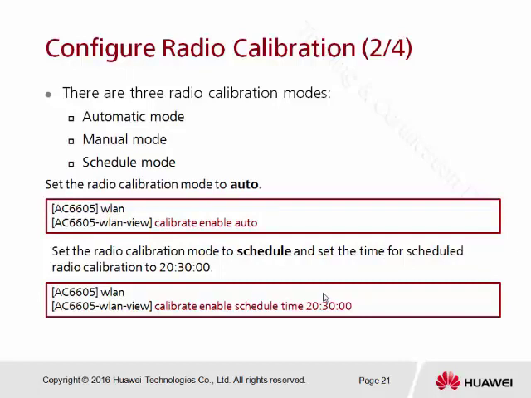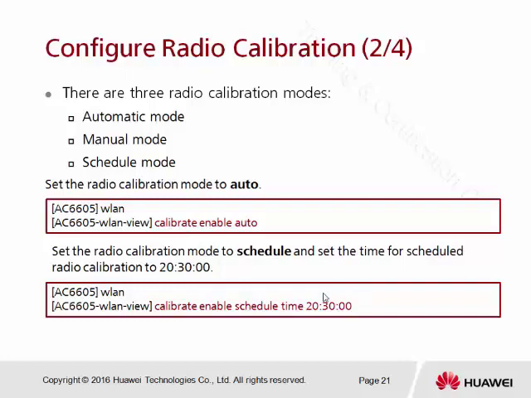There are 3 radio calibration modes, so we have to select which mode you want to use. By default, they're running manual. Here we have the options for automatic and also schedule. On the first step, they show you setting the calibration mode to auto.